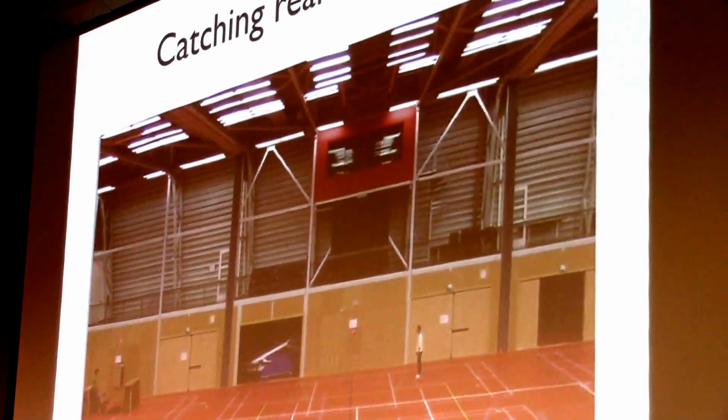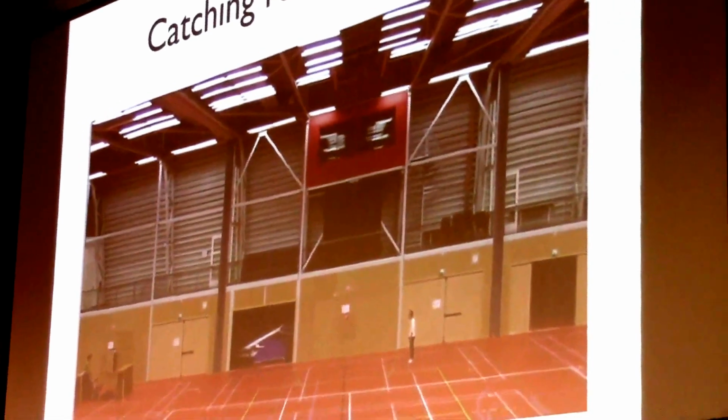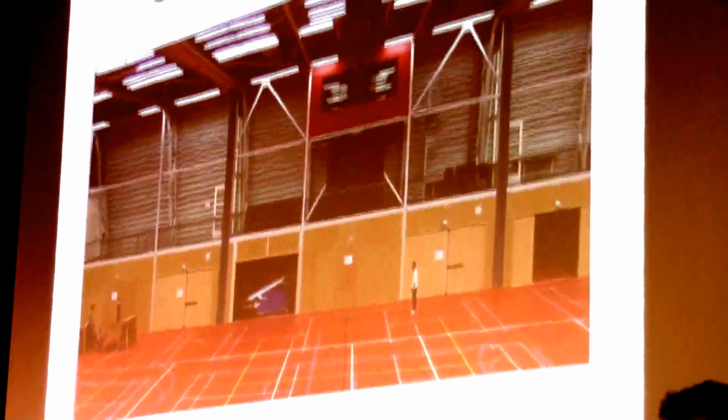So the task that I studied and that I'll be talking about is that these people are catching fly balls, and we make sure that they will be able to reach those balls. The thing that Days did a second ago was also have fly balls that were out of reach.